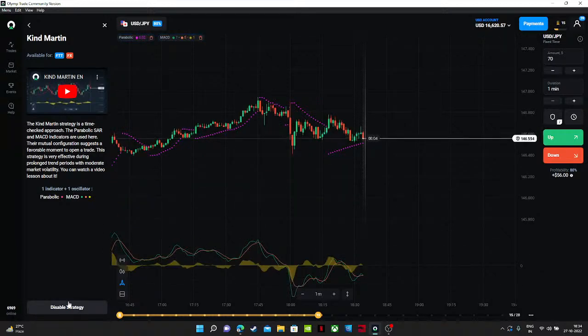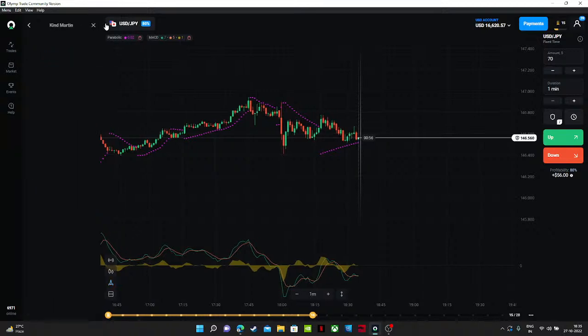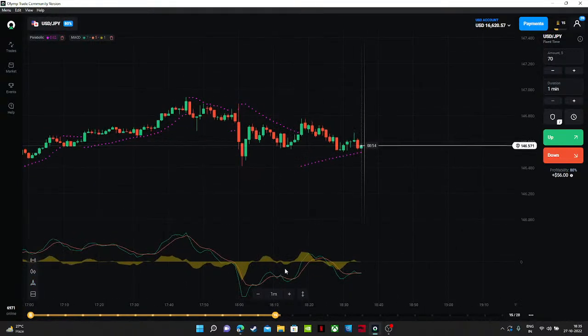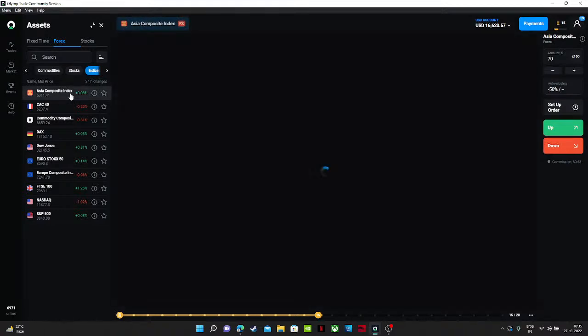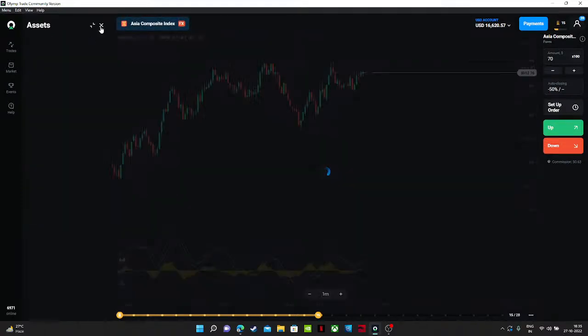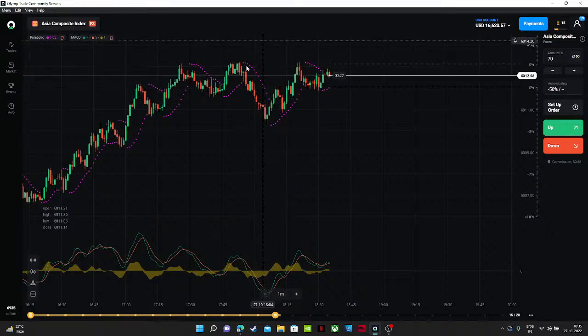So once we enable the strategy, the screen looks something like this. The parabolic dots are applied, and beneath the candlestick chart we can see the MACD indicator. By looking at the parabolic dots, we can clearly see that the dots are moving in a rhythm. Whenever the price is going in the downward direction, the dots appear on the top of the candle.